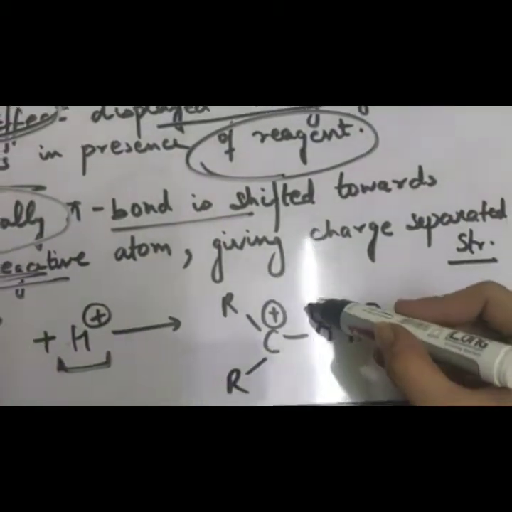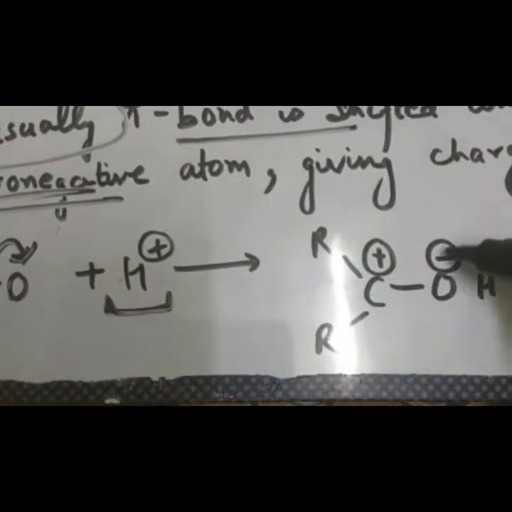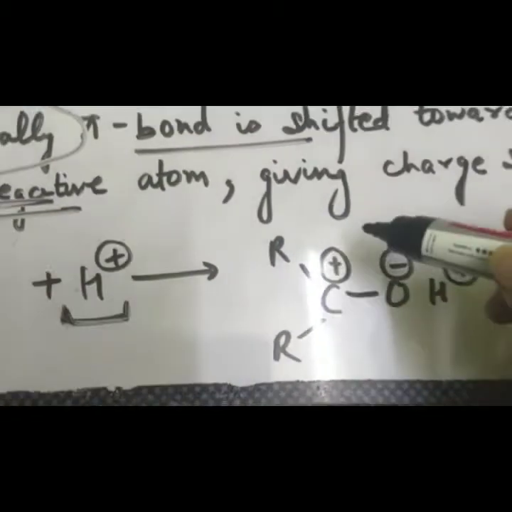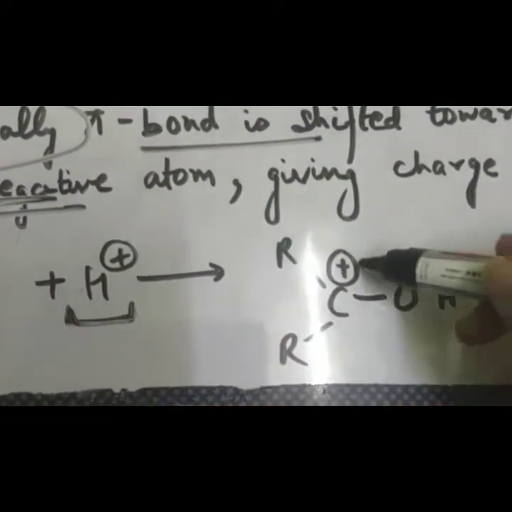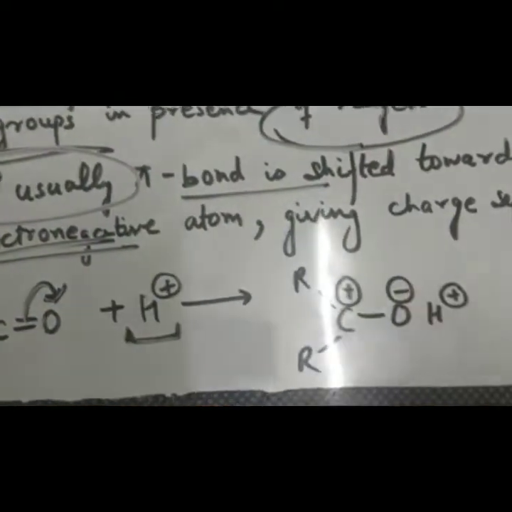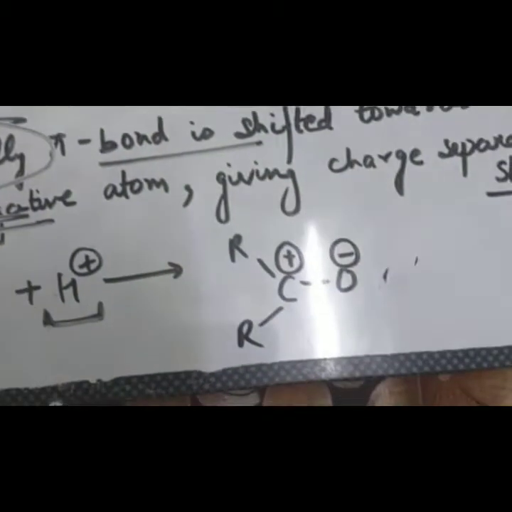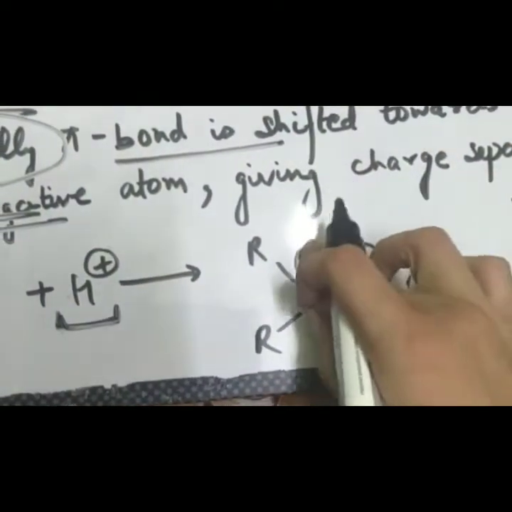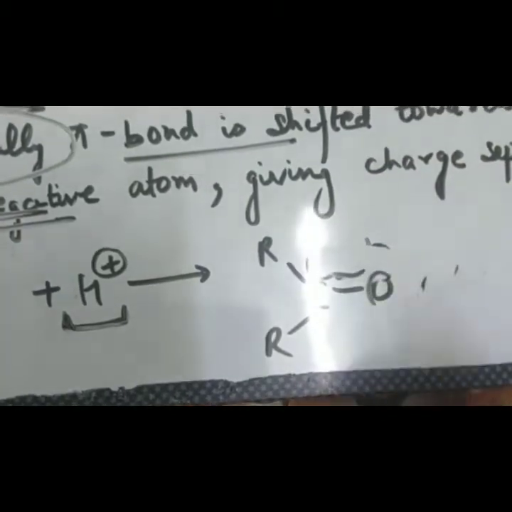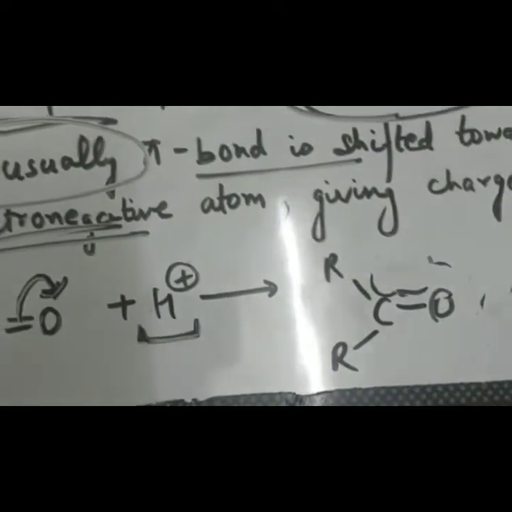That generates a negative charge on oxygen because the bonded electron pair is shifted onto oxygen, and the carbon, being electron deficient, obtains a positive charge. So this is the electromeric effect. And as soon as we take away this H plus, the oxygen again shifts its electron density and becomes a double bond, so the effect diminishes.